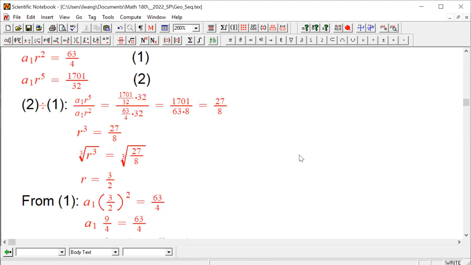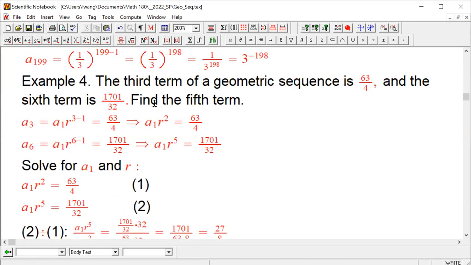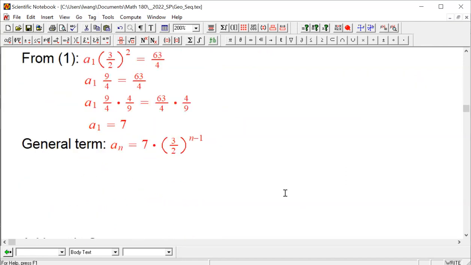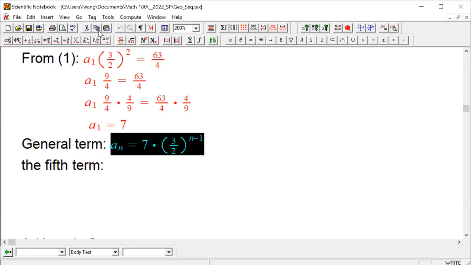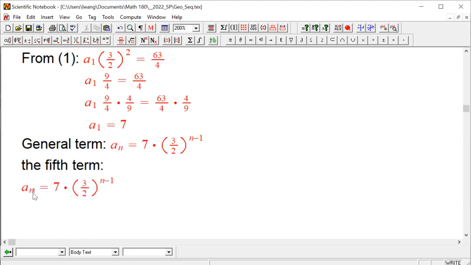And we wanted to find the fifth term. Knowing the general form, the fifth term is just a simple substitution: replace the index by 5, substitute it, and reduce it. We certainly can and should reduce it.